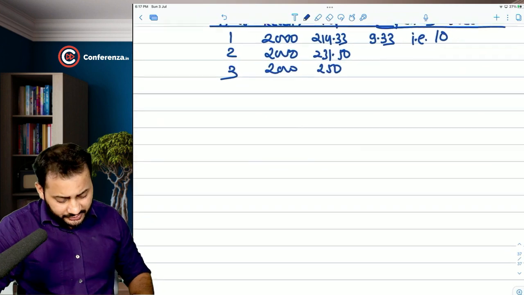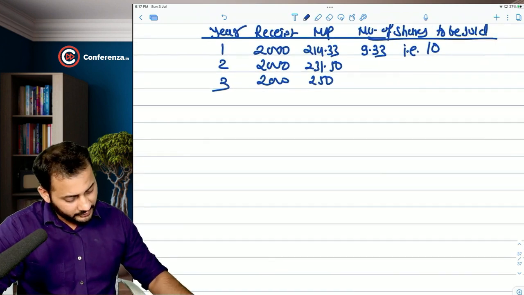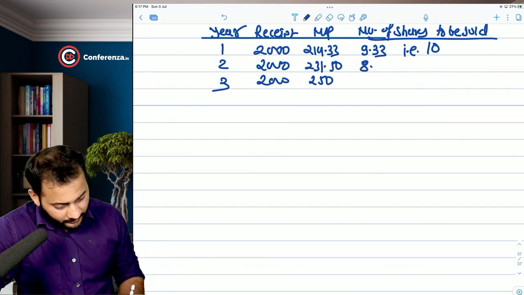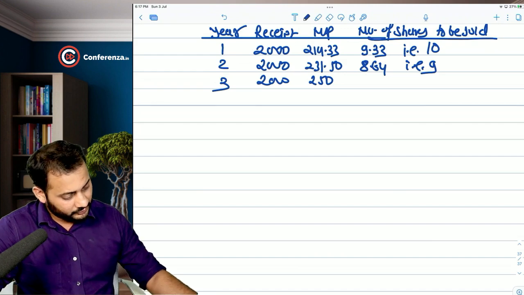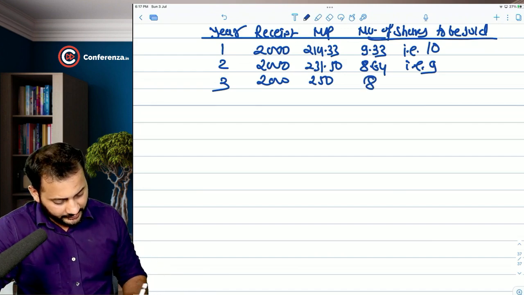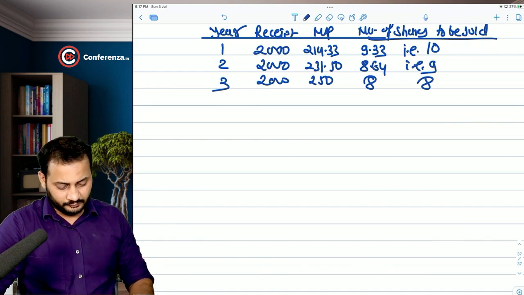So sell 10 shares. In the same way, 2000 divided by 231.50 gives us 8.64, which is 9, and 2000 divided by 258, that means 8 directly.